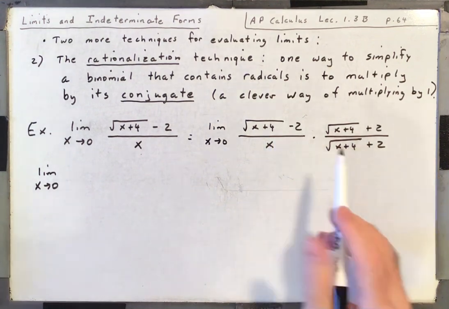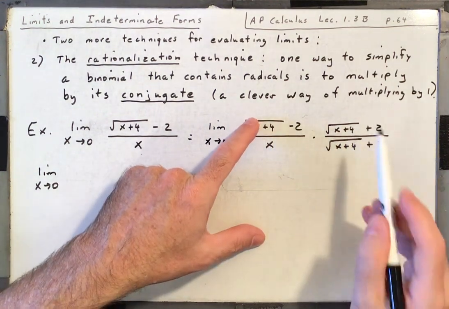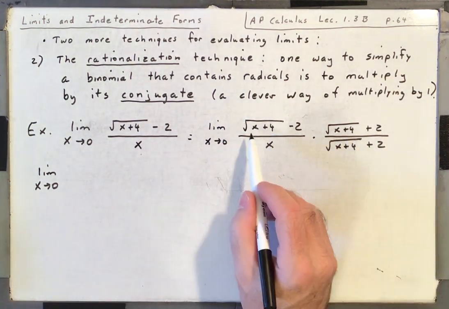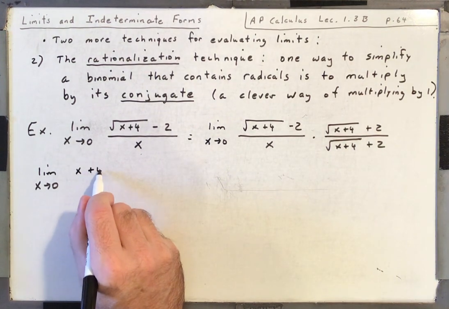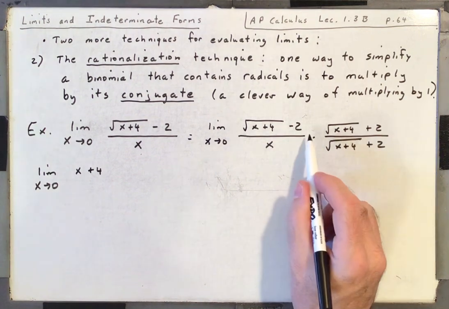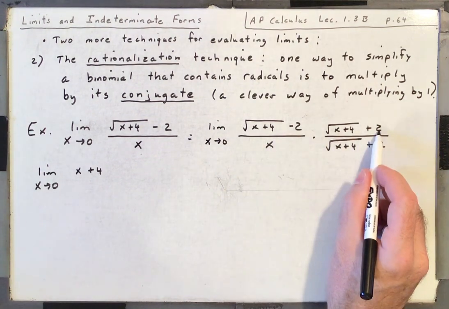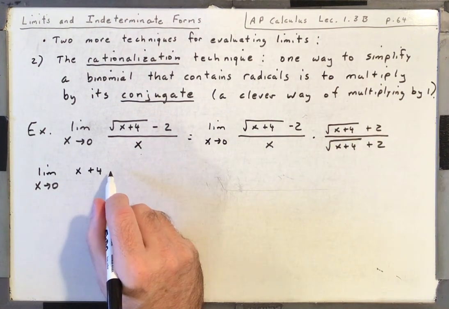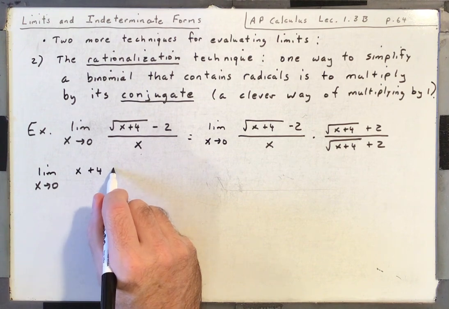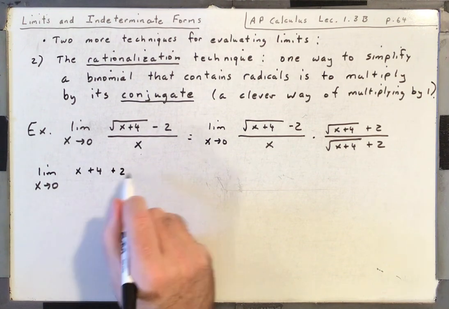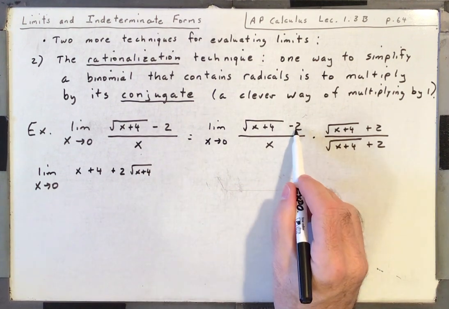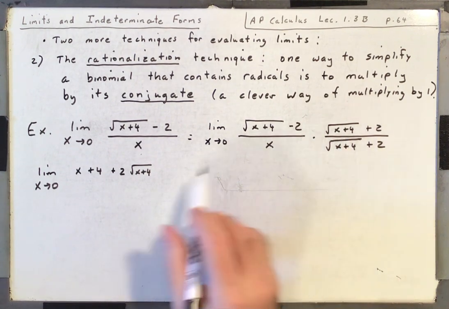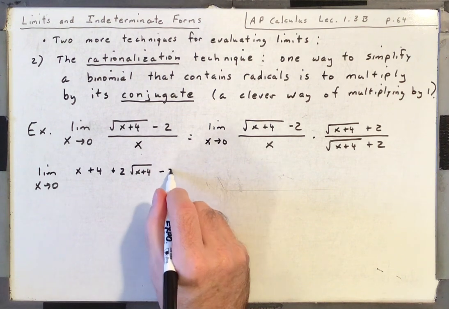So let's FOIL this. Our first, root x plus 4 times root x plus 4. The radical lifts, and you're just going to have x plus 4. Then the outside would be 2 times root x plus 4. And then the inside is negative 2 times the square root of x plus 4.